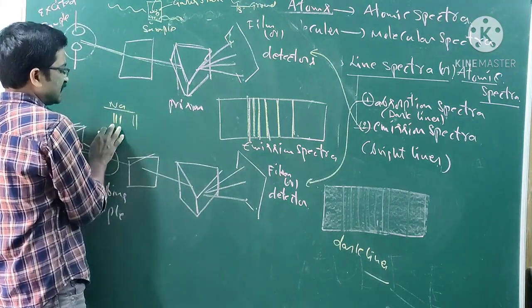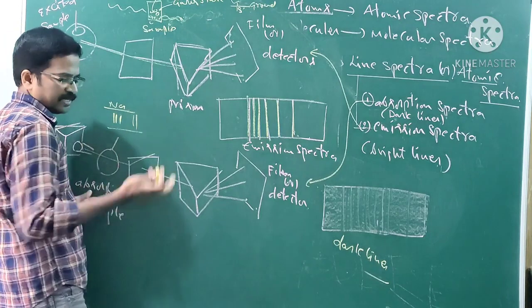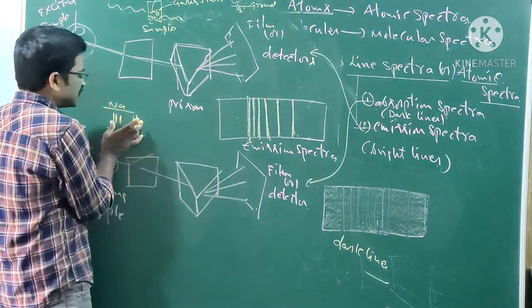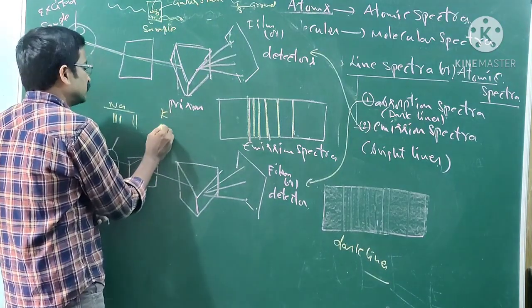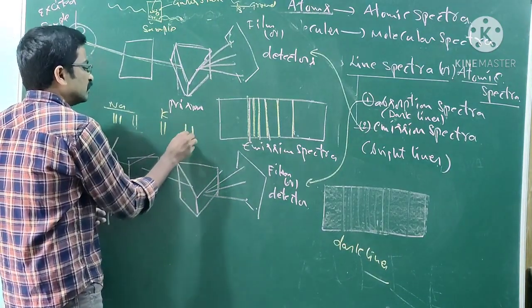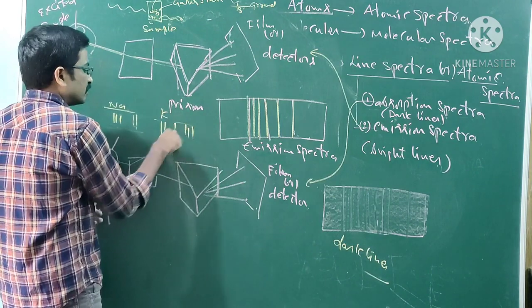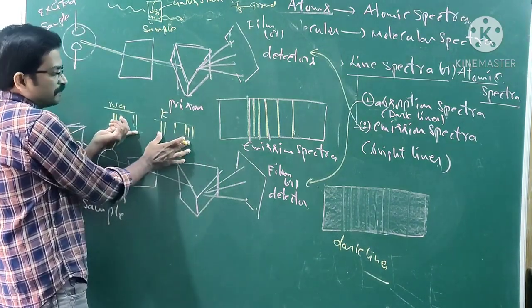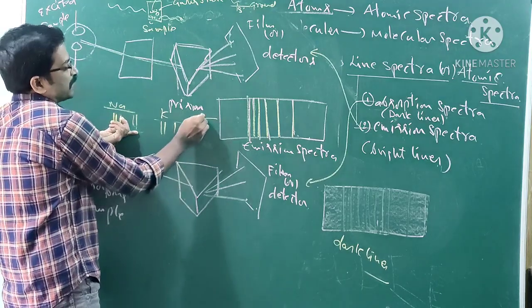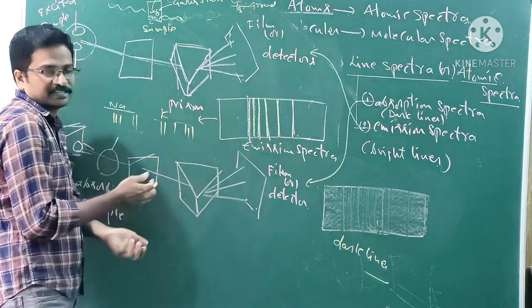Three lines are nearer, for example; I am saying, for example, the lines for a sodium atom are like this. A potassium atom can give these lines, and these lines are not the same. Both can give emission spectra, but the spectral lines are different.